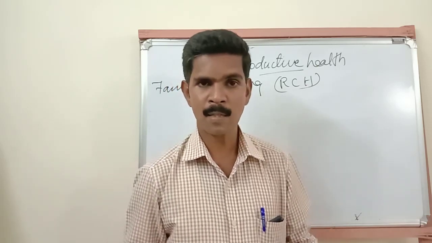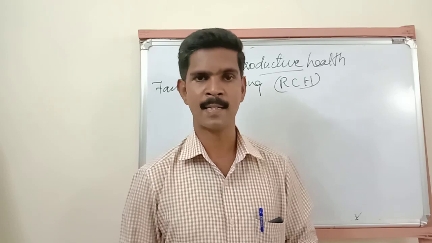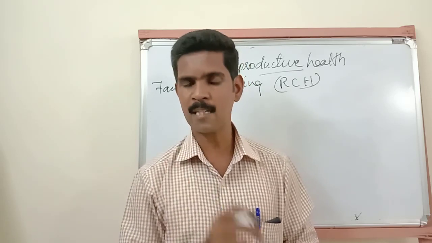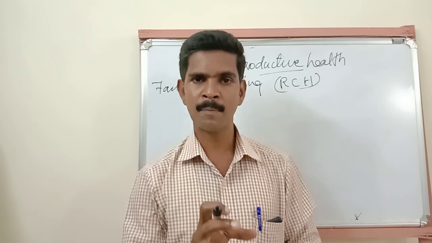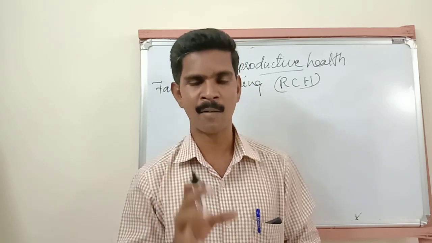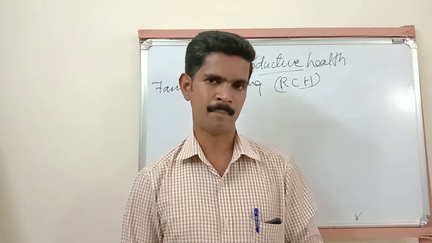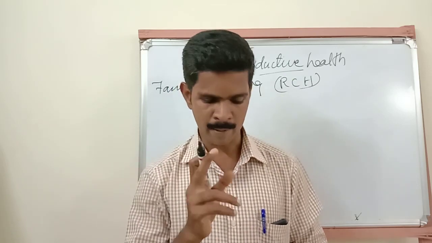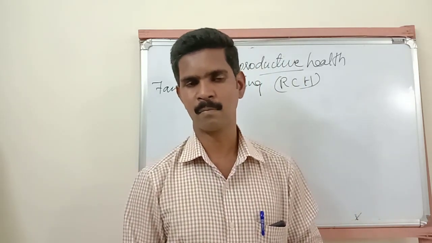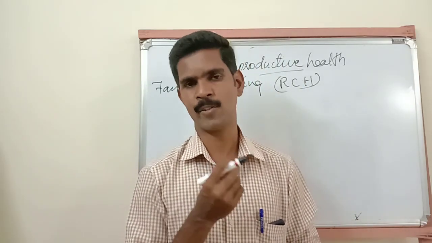Here, healthy society means society without any diseases. So the main aim of this program is to build up a healthy society, and for this purpose, creating awareness among the people. Understand, my dear students?